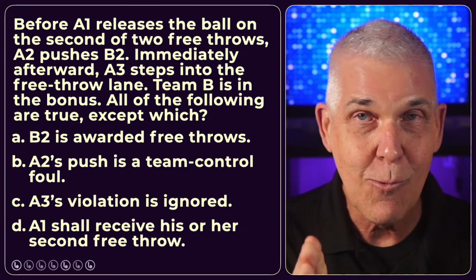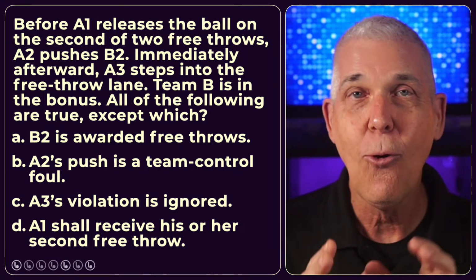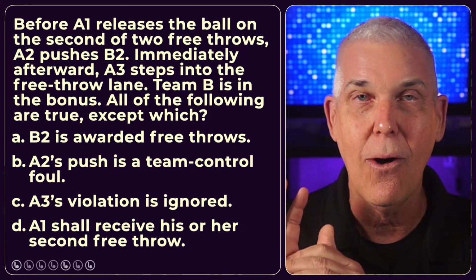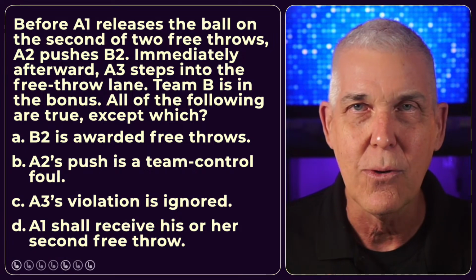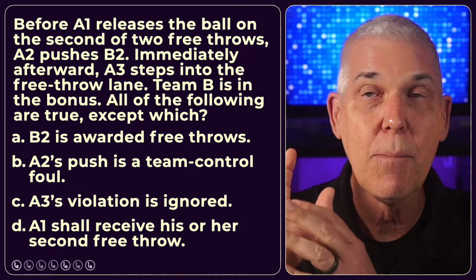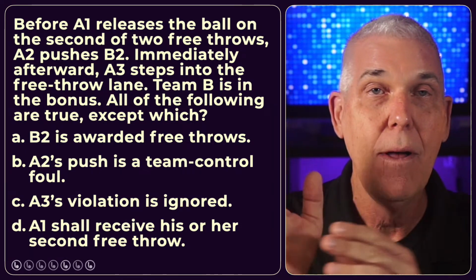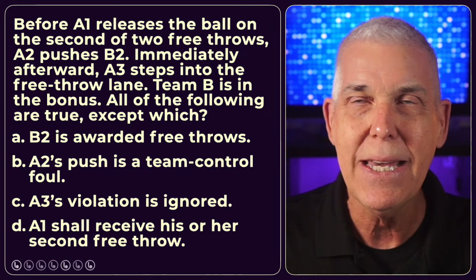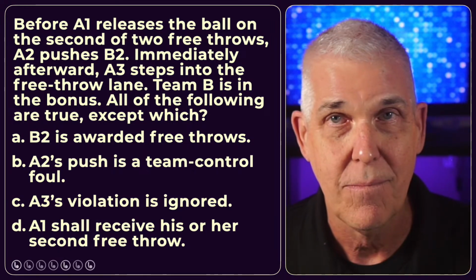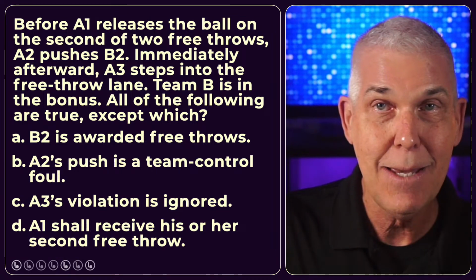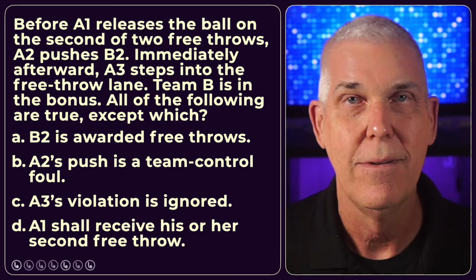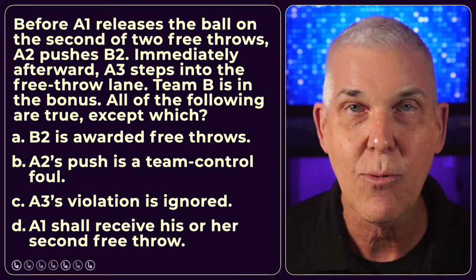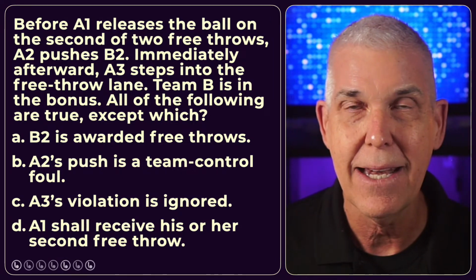Let's clearly read the question. Before A1 releases the ball on the second of 2 free throws, they have begun their motion, but before they release the ball, A2 pushes B2 and fouls them. So there's a foul by a teammate of the thrower. Immediately afterward, A3 steps into the free throw lane.